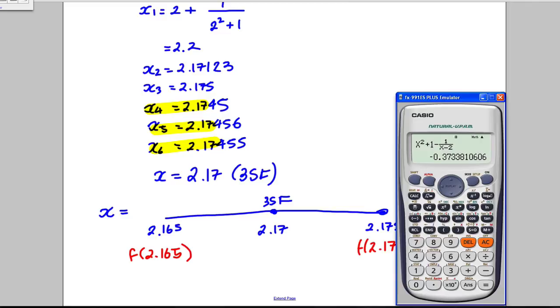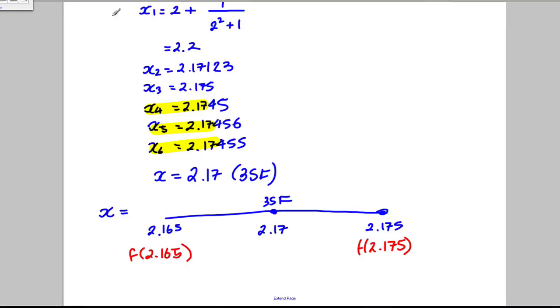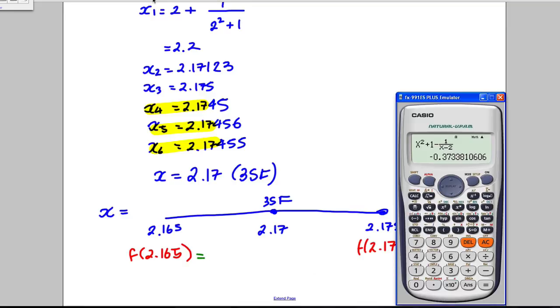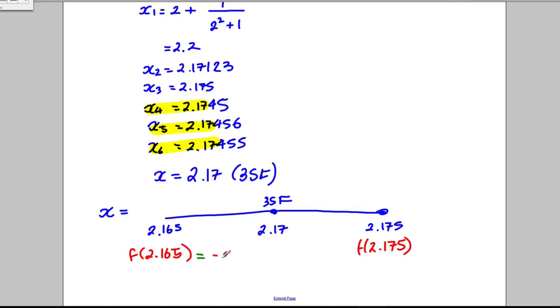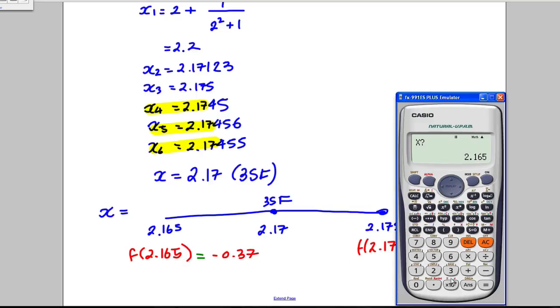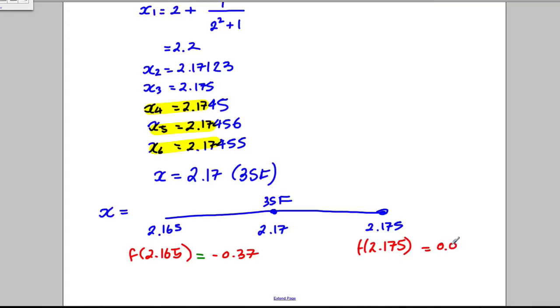So you can type in here the answer negative 0.37. So negative 0.37. And if you go over here and you press calculate at 2.175 now, you get yourself 0.01, so it is 0.01.